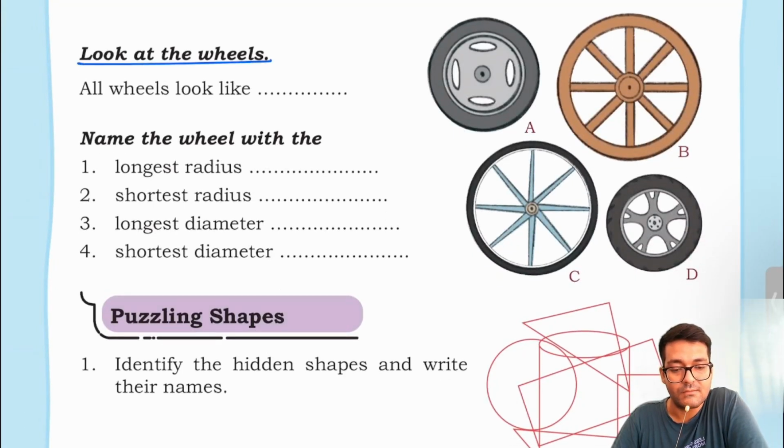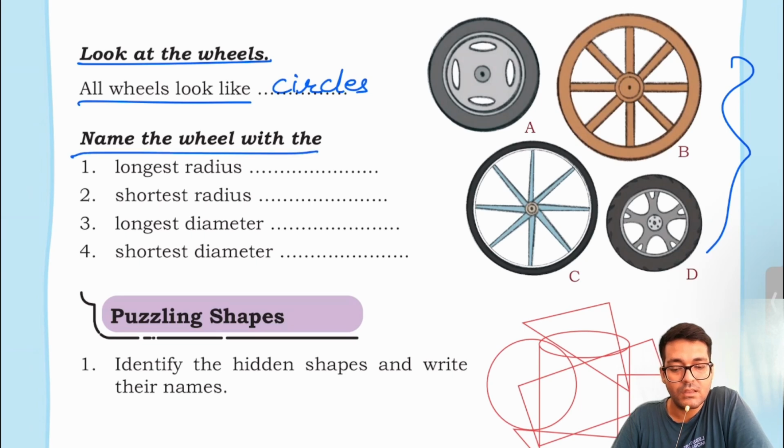Look at the wheels. All wheels look like circles. Name the wheel with 1. Longest radius, wheel B. 2. Shortest radius, wheel D. 3.